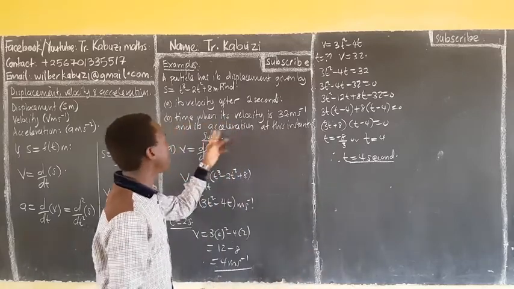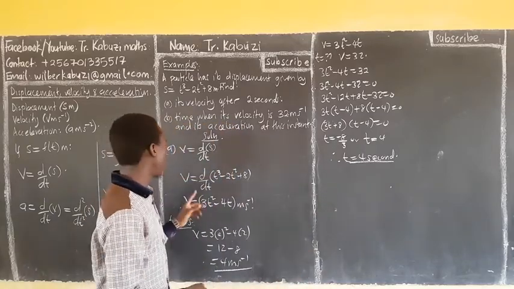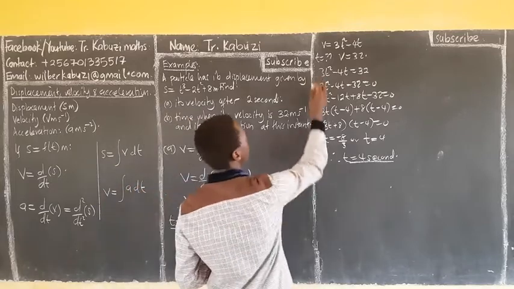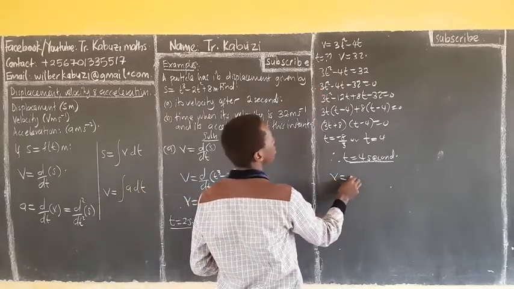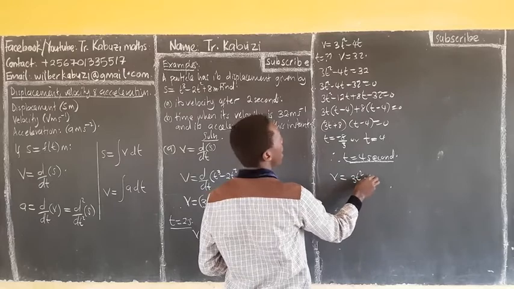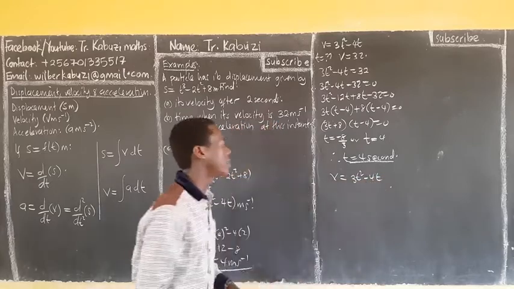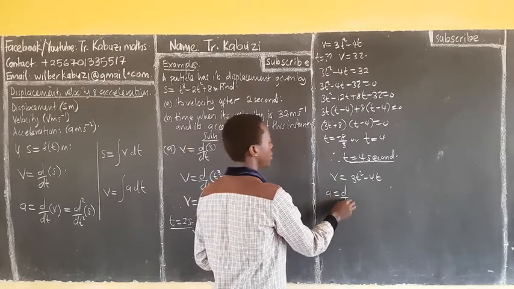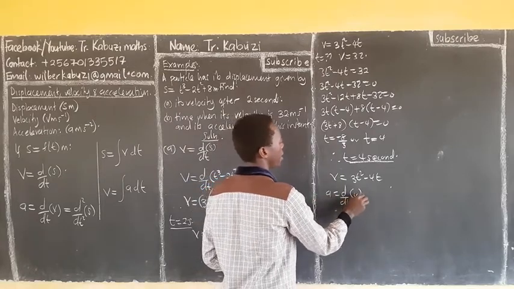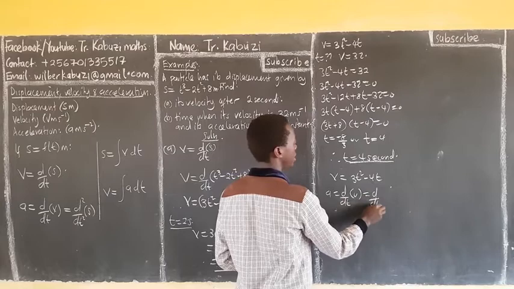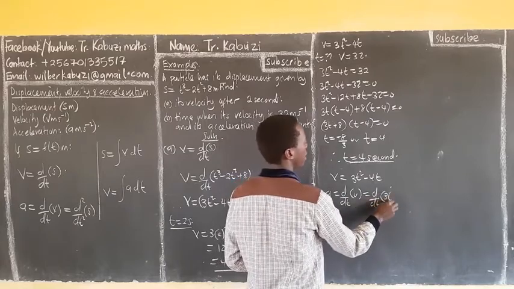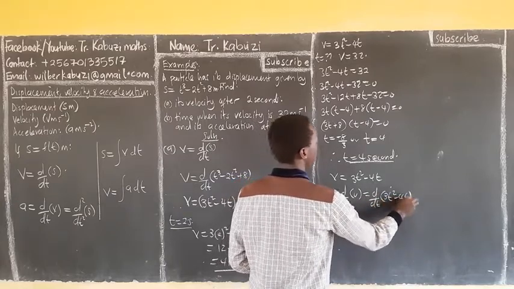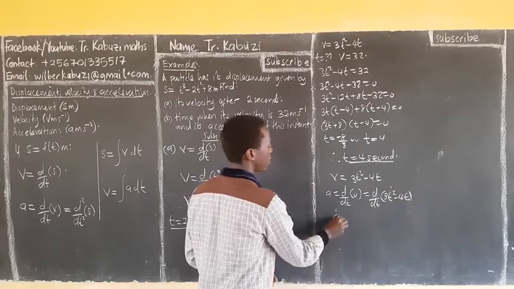Then the acceleration at this instant. We have v equal to 3t squared minus 4t. To get acceleration, we differentiate this, so acceleration is d/dt of 3t squared minus 4t.